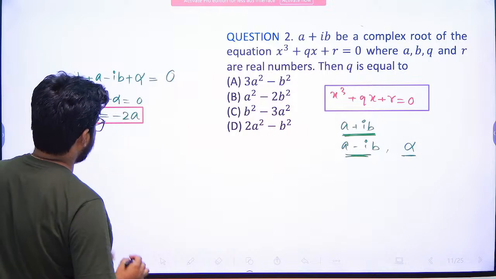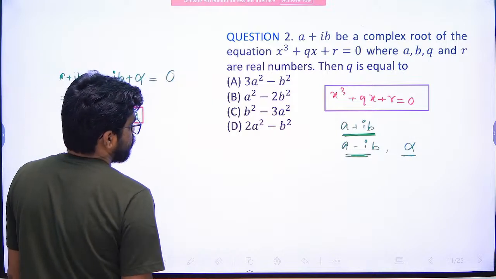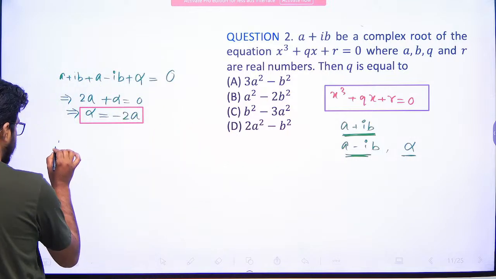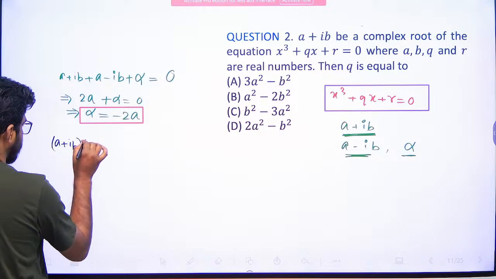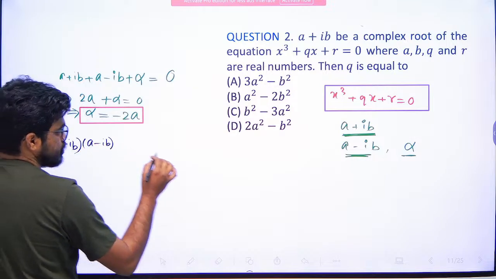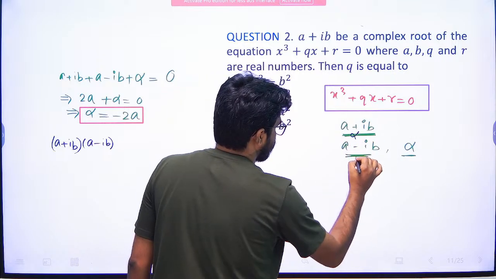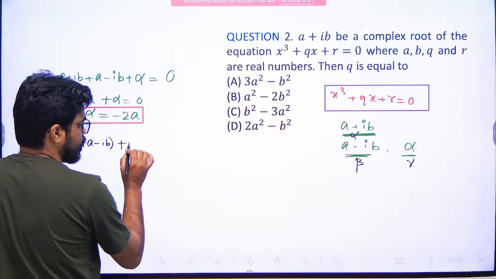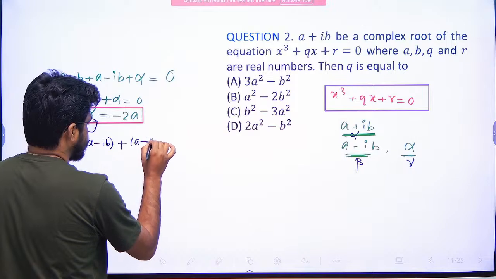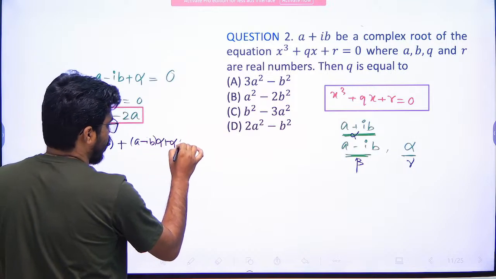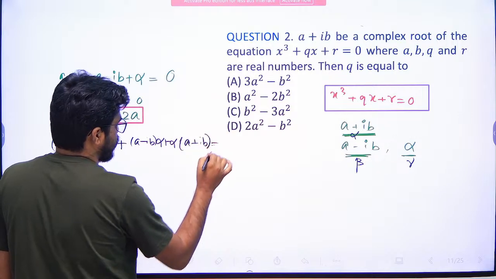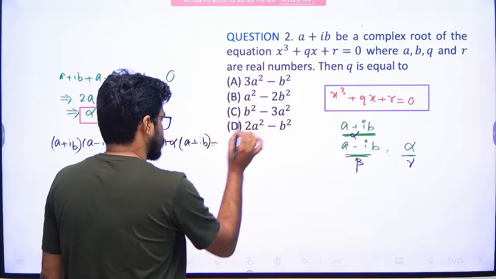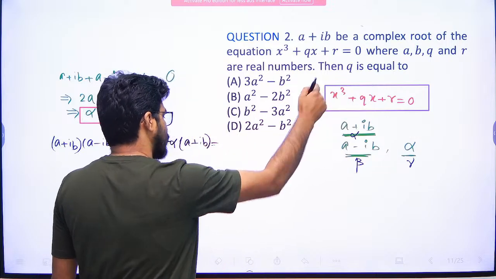Next, we have to find the value of q. So next, alpha beta plus beta gamma plus gamma alpha. Alpha beta, that is a plus ib into a minus ib. Just imagine this is alpha, this is beta, and this is gamma. So alpha beta plus beta gamma plus gamma alpha is the coefficient of x by the coefficient of x cube.